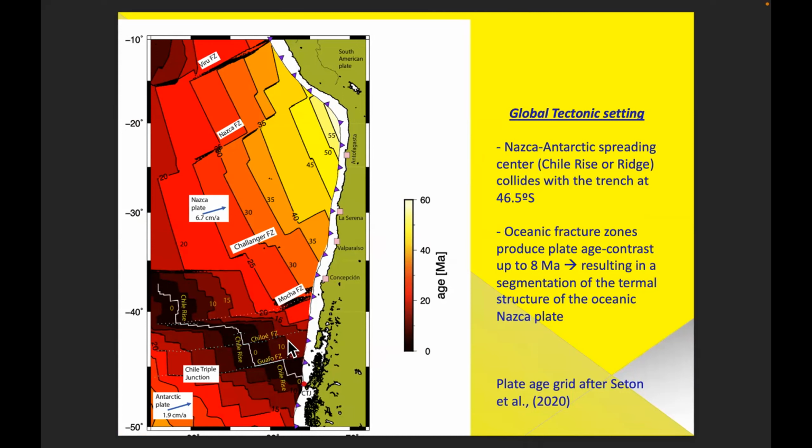For example, in central Chile, the age is between 45 and 35 million years old. And there are also many fracture zones, which produce abrupt changes in the thermal age, so thermal age contrast, and different thermal state, let's say.